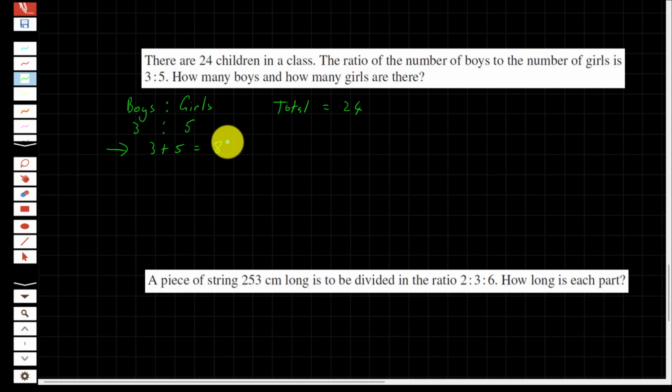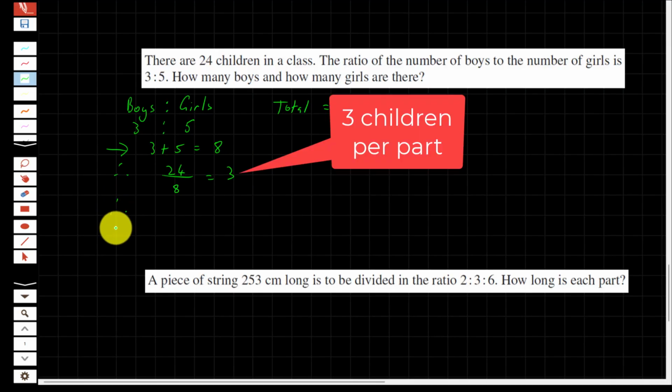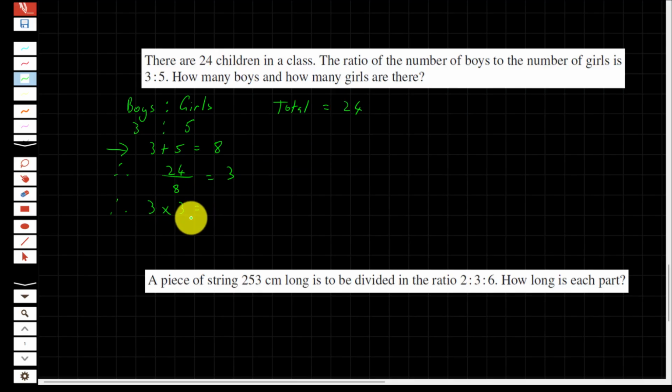So if we add up the ratio, left hand side plus right hand side, that gives us the total number of parts, 8. And we know the total number of children, so the total divided by the total number of parts will give us how many children per part. And we know there are 3 boys per part, so 3 times 3 is 9.